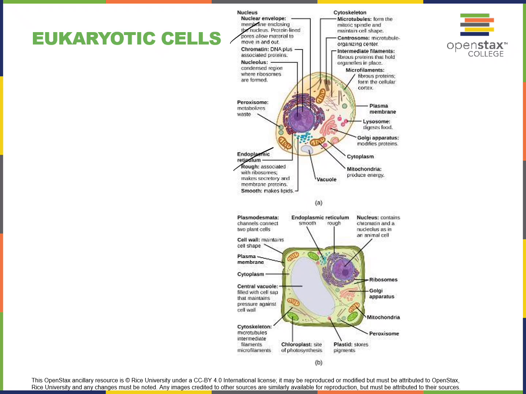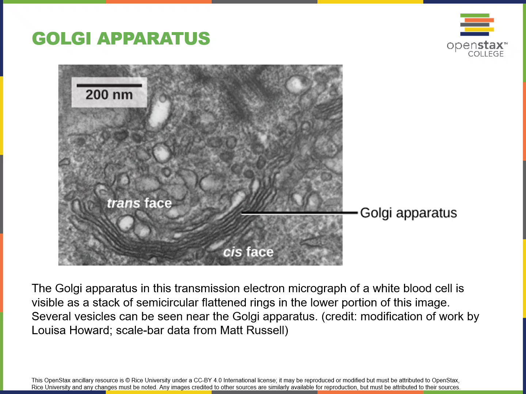Now we're going to talk Golgi apparatus. The Golgi apparatus, also known as the Golgi body, is responsible for sorting, packaging, tagging, and shipping molecules, cell contents, wherever they need to go.